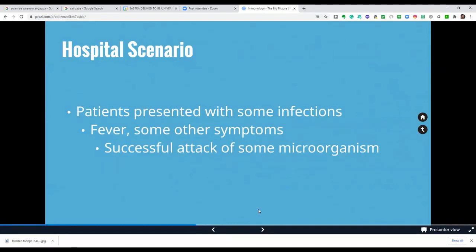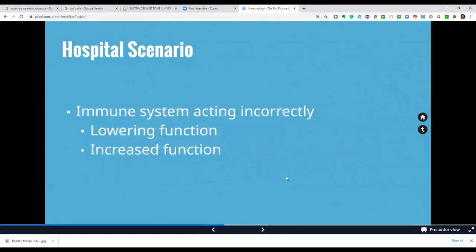The second scenario is that your immune system may act incorrectly. Then what is meant by the immune system acting correctly? Whenever a bacteria or virus enters the body, your body should be able to handle it correctly. It should be able to eradicate and kill it. Sometimes what may happen, apart from that, is that your immune system may act incorrectly.